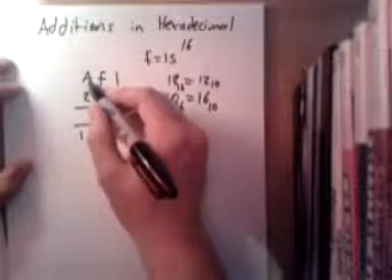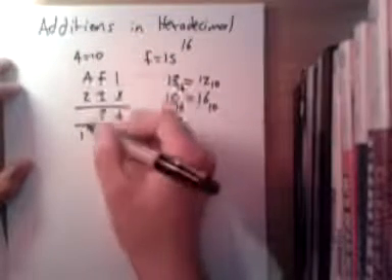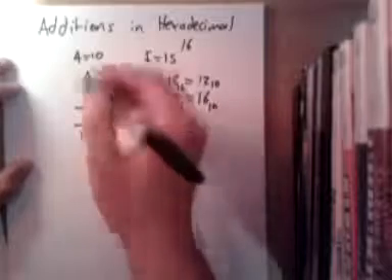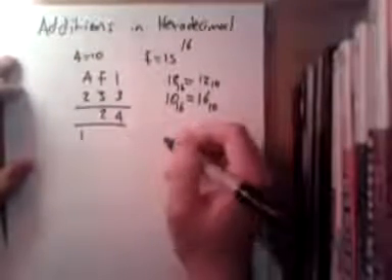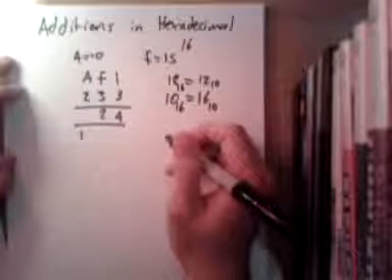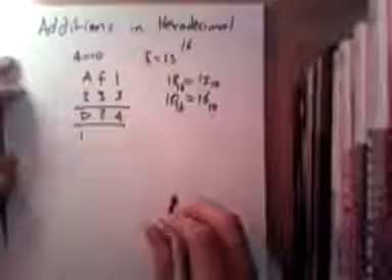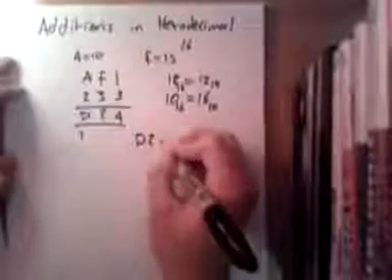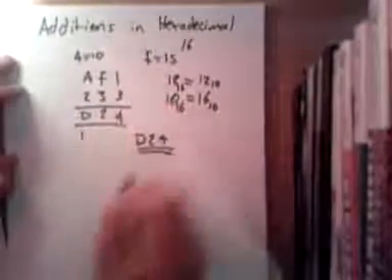A, which is 10, so A equals 10, plus 2, that's 12. Plus 1 is 3. So we go along. A equals 10, B equals 11, C equals 12, and D is therefore going to equal 13. D34 would be the addition in hexadecimal.